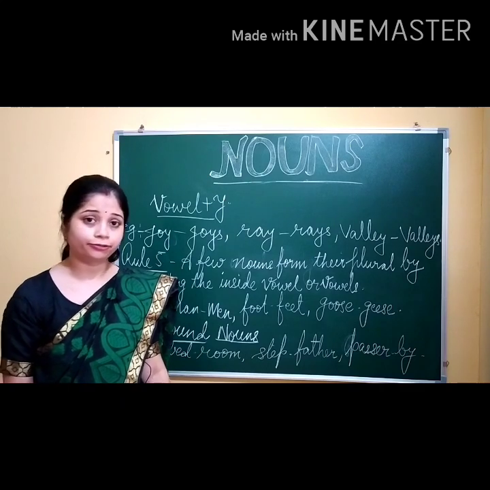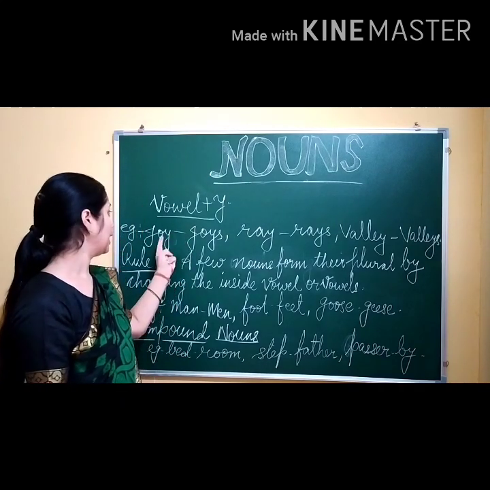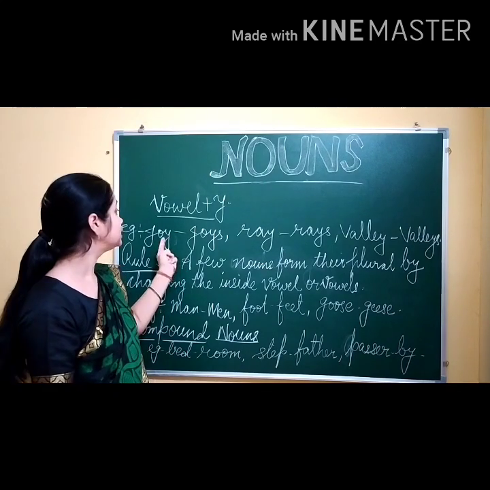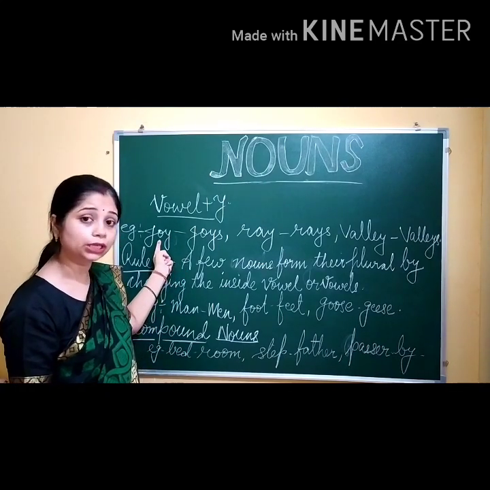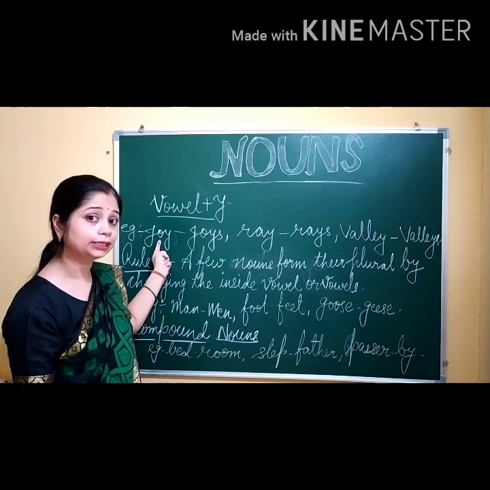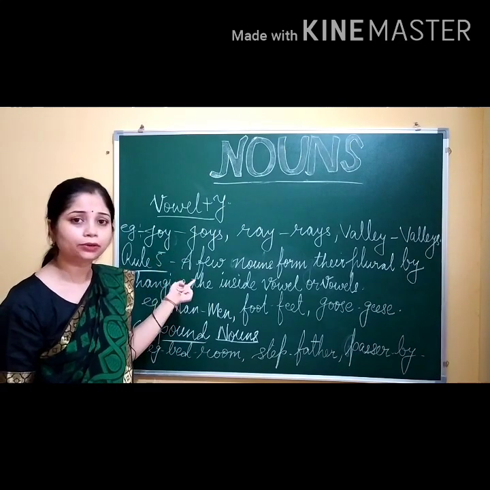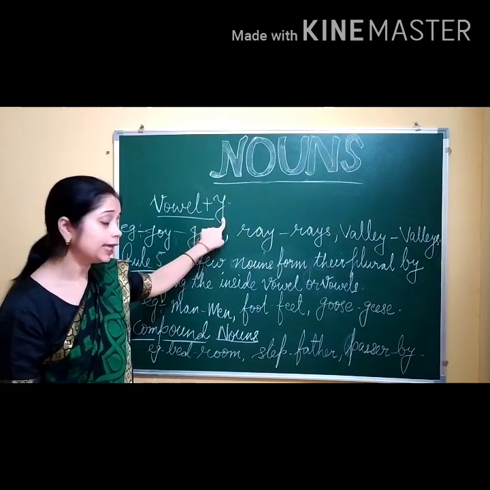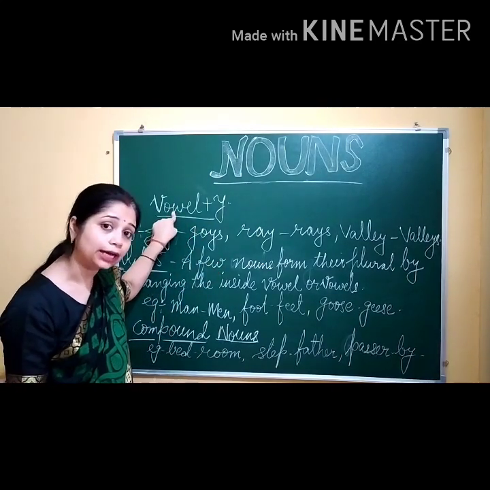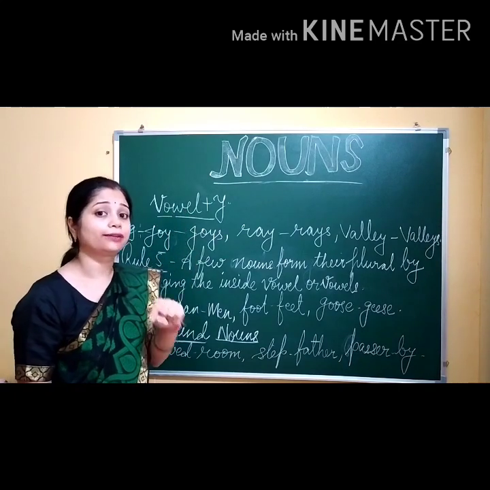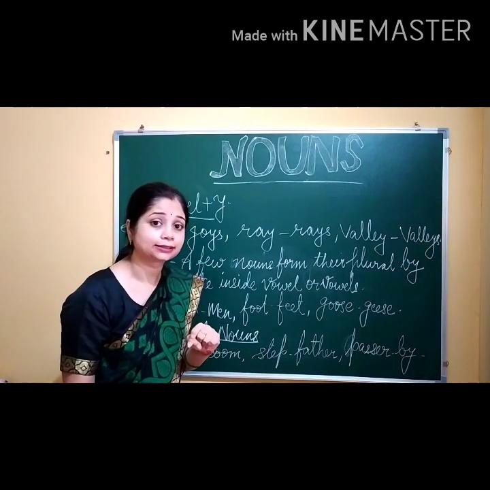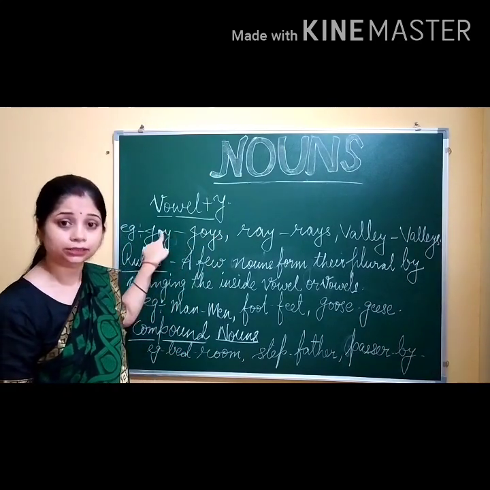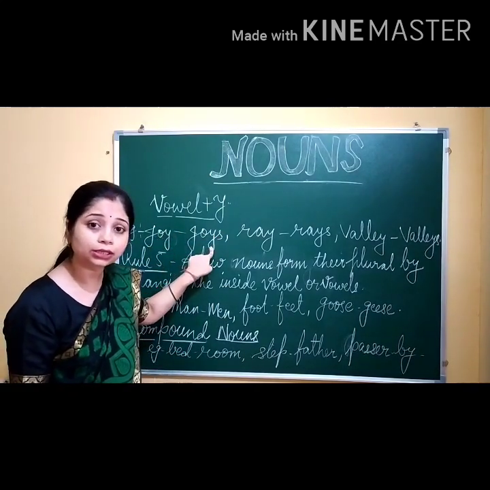But if a word has OY, that is, the Y is preceded by O, which is a vowel sound, then we have to follow the simple rule of adding S to it. If the Y is preceded by a vowel sound, then we don't have to add IES. We just have to add S to it to change its form to plural.